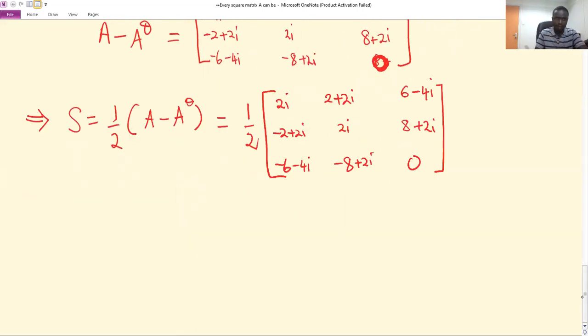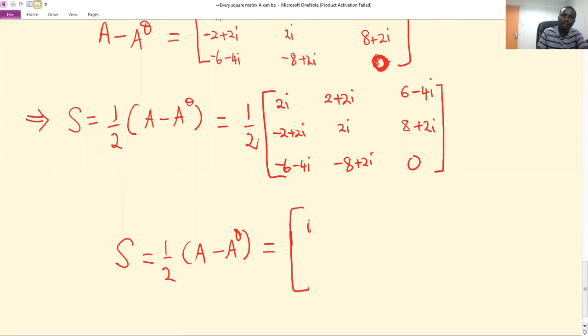Now multiply half by every element. S will be I, 1 plus I, 3 minus 2I, minus 1 plus I, 4 plus I, minus 3 minus 2I, minus 4 plus I, and this will be 0.